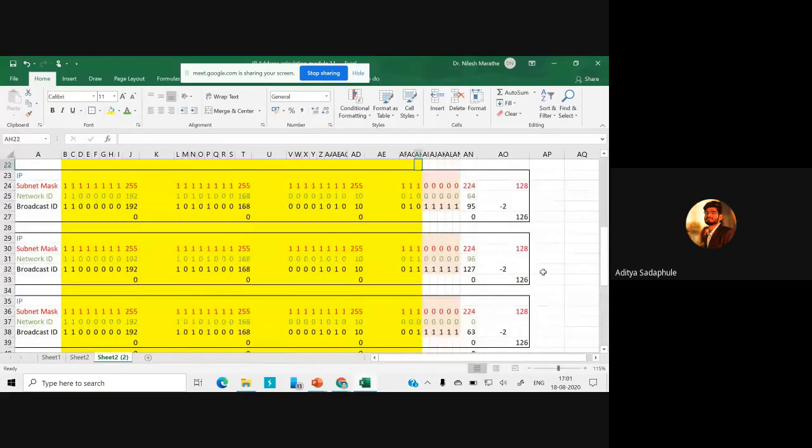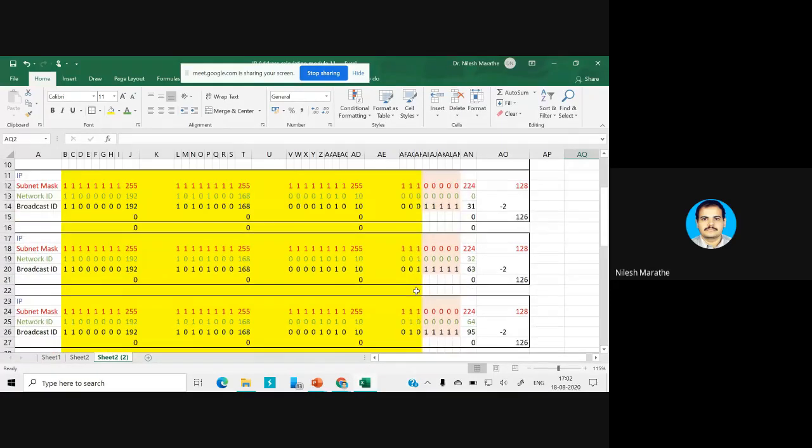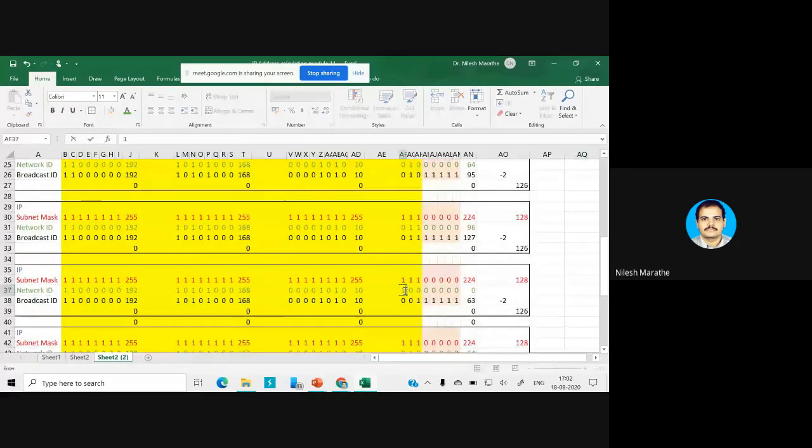Yes sir. So what I am actually doing, I have taken 3 bits. To have 8 departments, I should have 3 bits. So I wrote here 0 0 0, 0 0 1, 0 1 0, right? I hope you are able to understand. 0 0 0, 0 1 0, 0 0 1. That is 3. Yes sir. Let's go to the 4. This is 4.